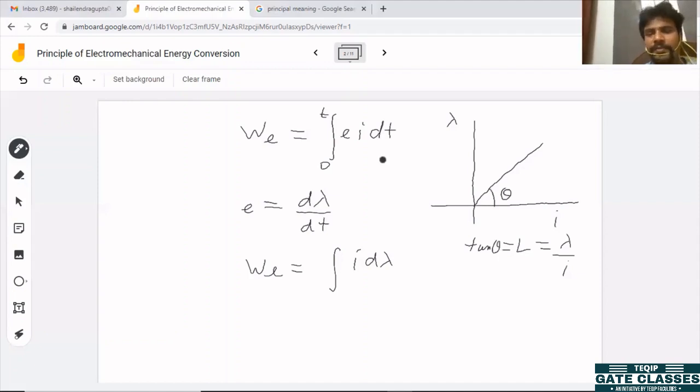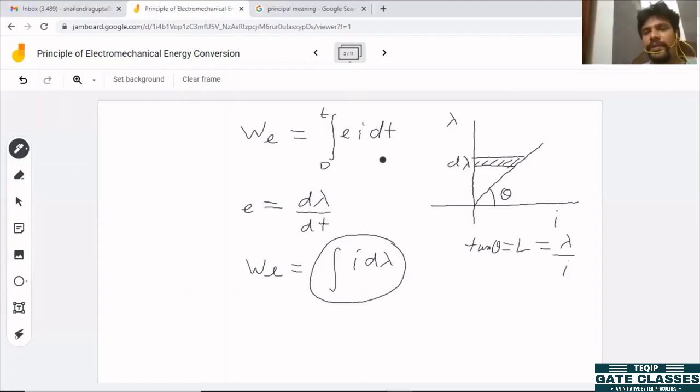Okay, and so if we want to see this integral, it is what? It is just the area enclosed by the y-axis, the lambda, and this straight line. So we can just see here, this is d lambda.